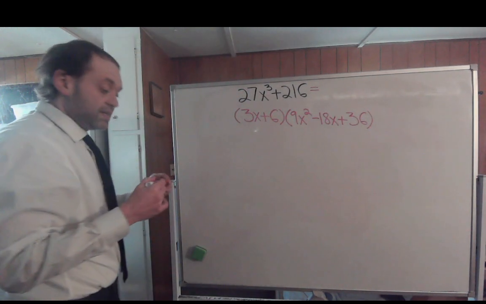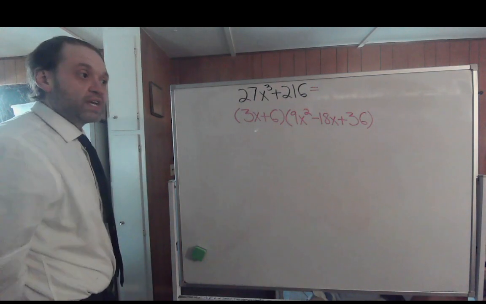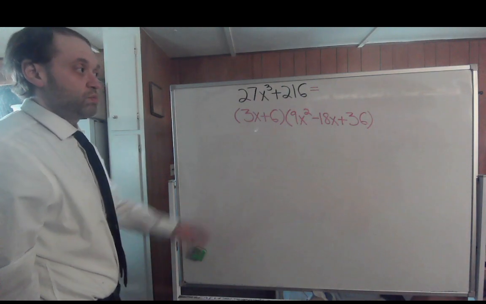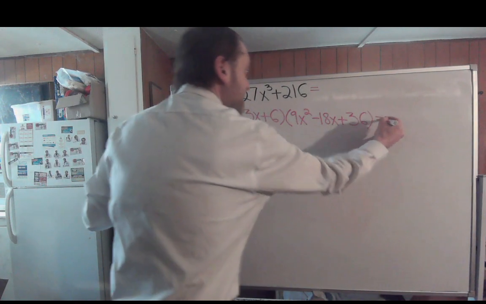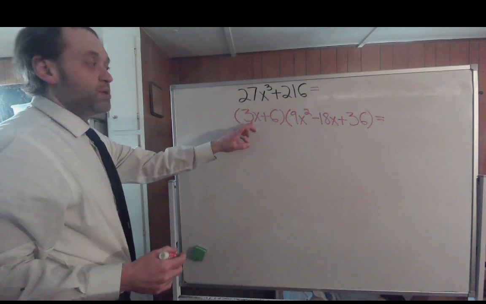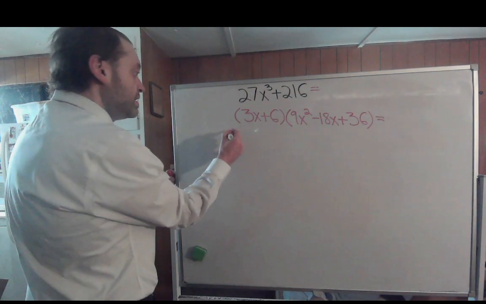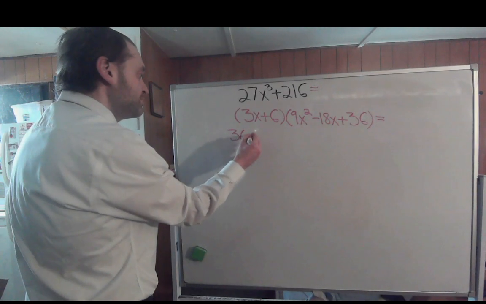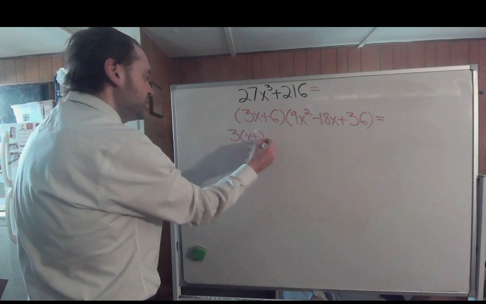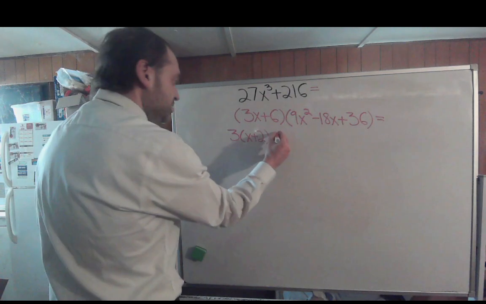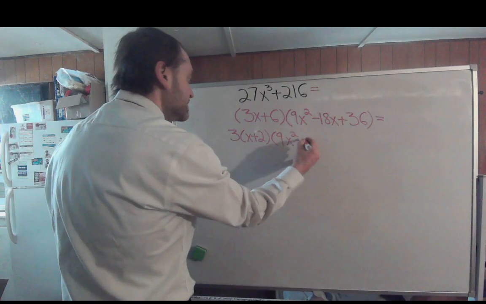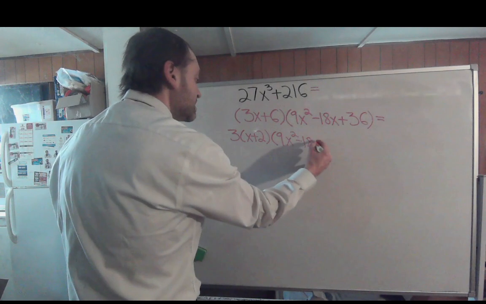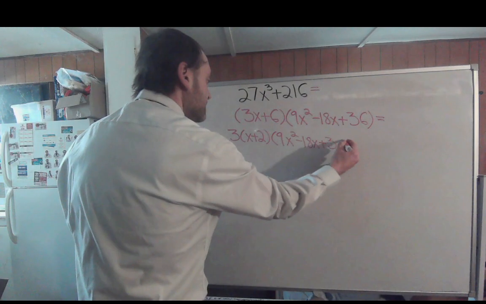But are we done yet? We're actually not done yet because you have to factor this completely. Let's break this down here. In your first factor, you have a common 3, right? This would factor into 3 times the quantity of x plus 2 times your second quantity of 9x squared minus 18x plus 36.